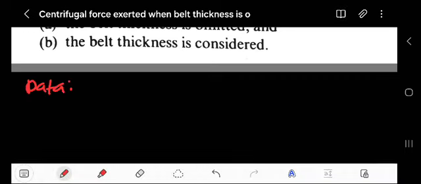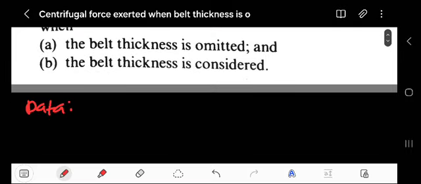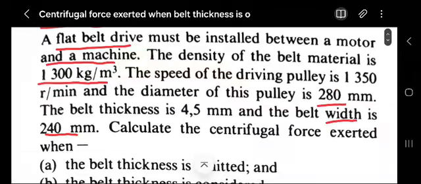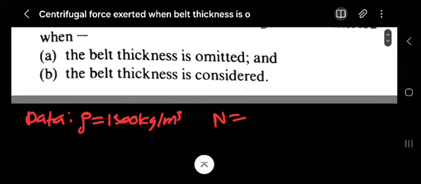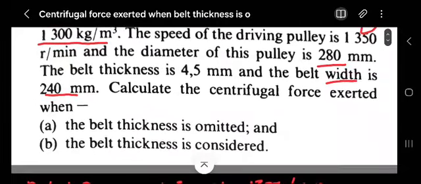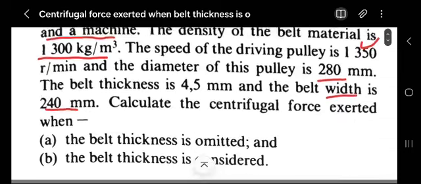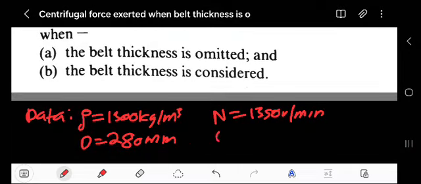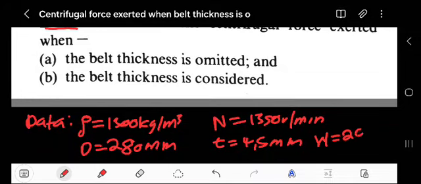We have a density of 1300, a speed of 1350 revolutions per minute, a pulley diameter of 280 millimeter, a thickness of 4.5 millimeter, and a width of 240 millimeter.